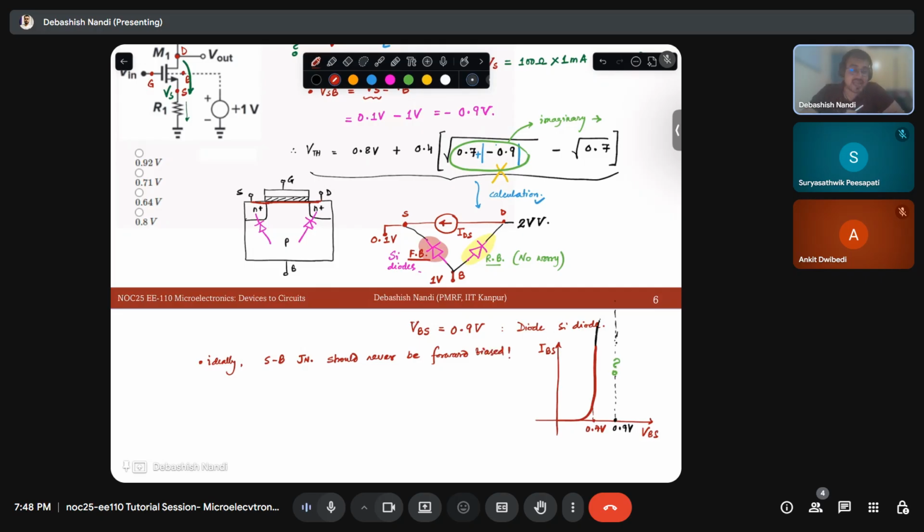Okay, that is ideally. But how will it help me if I forward bias it by a little amount? Forward biasing means VSB less than 0, which is not possible. So how will it help if I make my VSB less than 0?